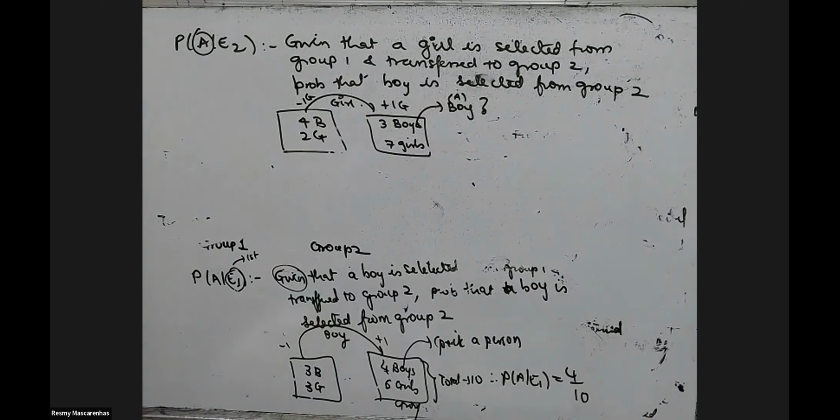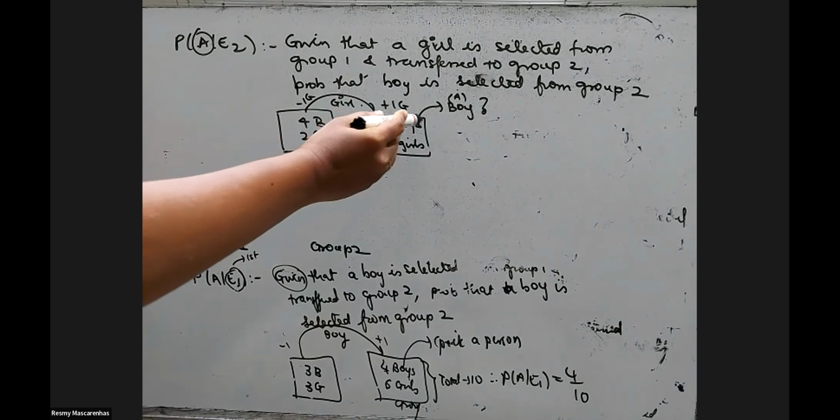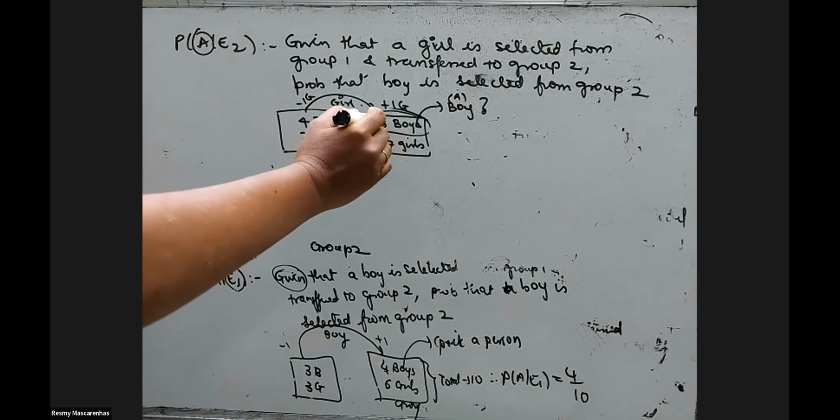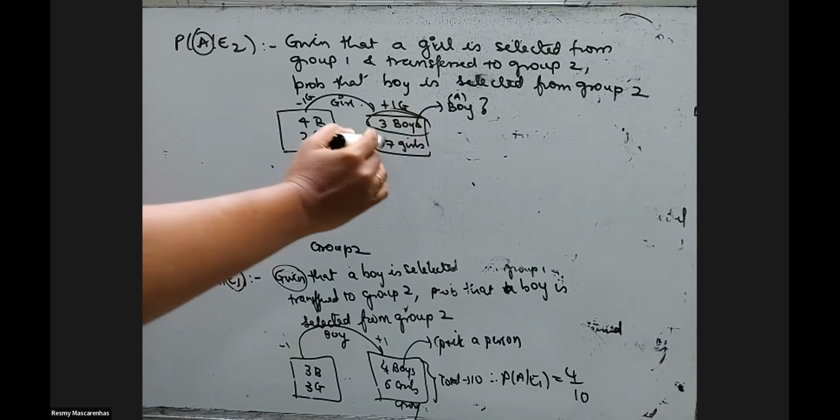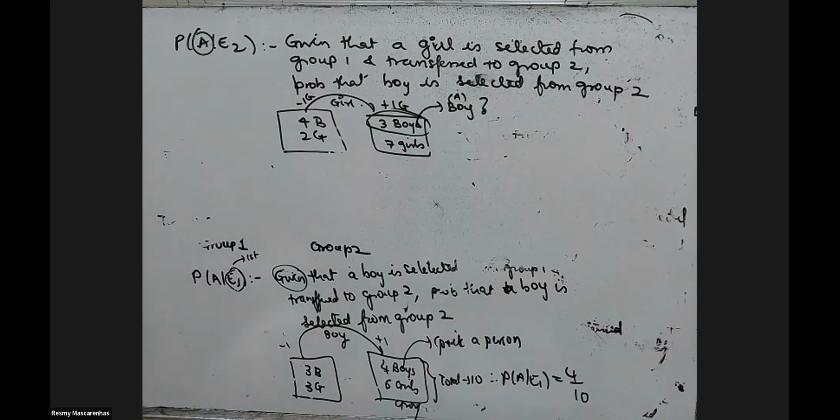What question I'm asking now has nothing to do with the previous class. I'm just asking what are the chances of selecting a boy from this group. Answer fast. Yes, 3 out of 10.